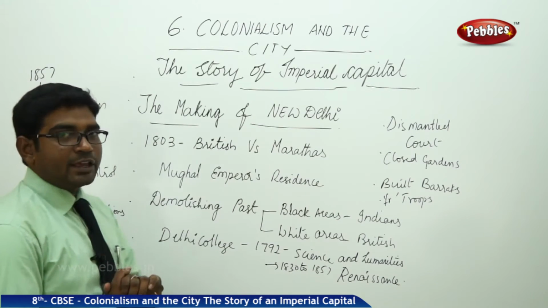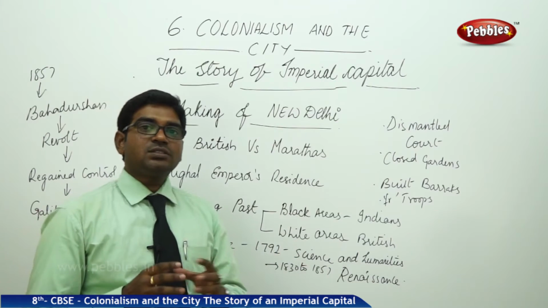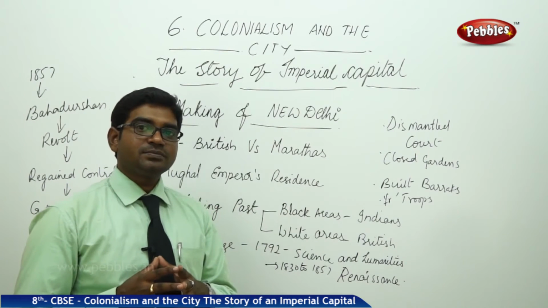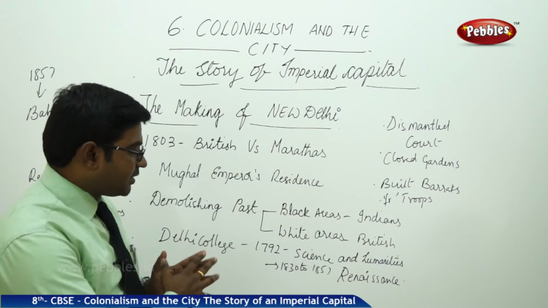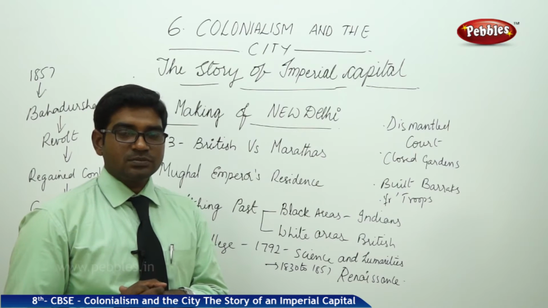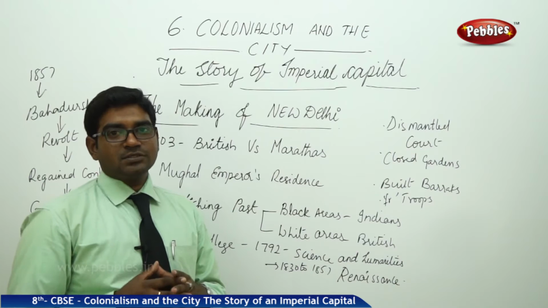The establishment of Delhi College in 1792 made a chance for the development of sciences and humanities, and the period from 1830 to 1857 is considered the Delhi Renaissance. Why is it known as the Delhi Renaissance period? What is Renaissance?